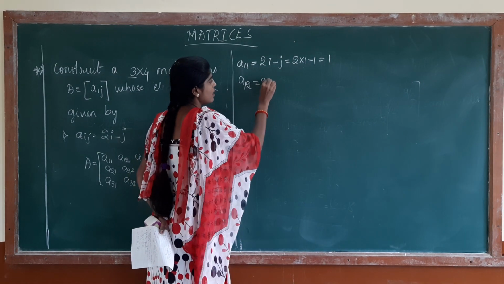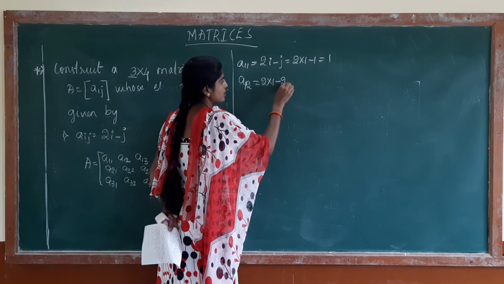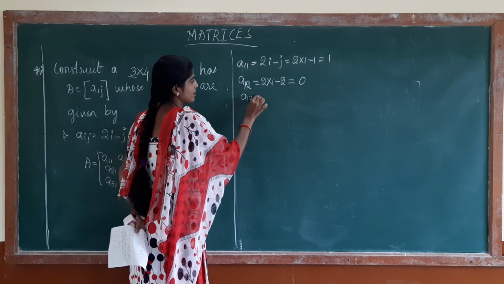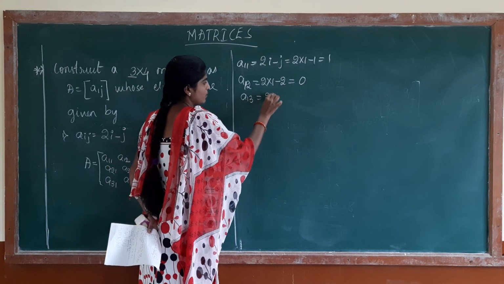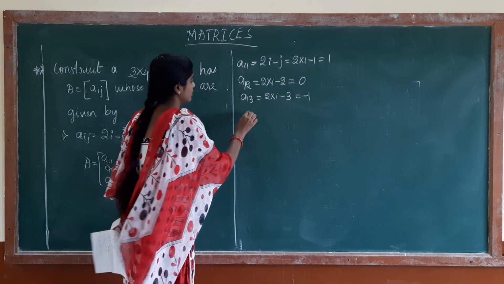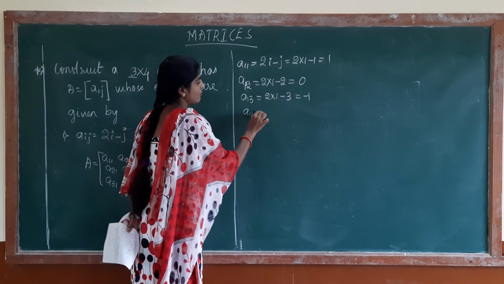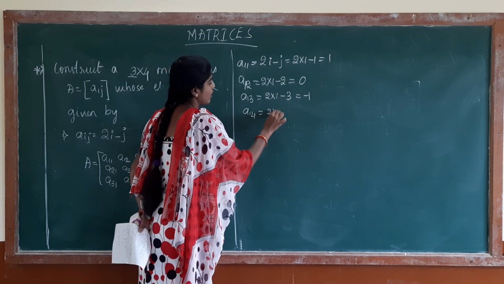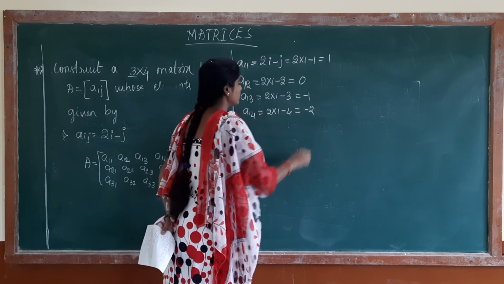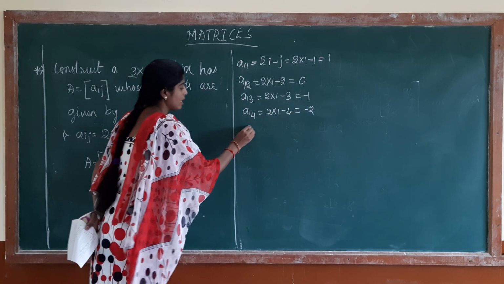So 2 into 1 minus 2, that is 0. A13, 2 into 1 minus 3, that is minus 1. Next A14, 2 into 1 minus 4, that is minus 2.